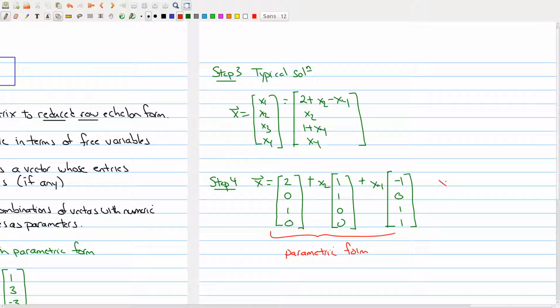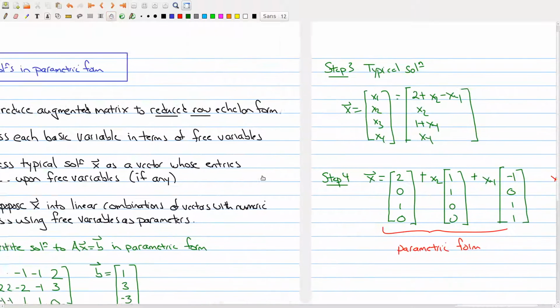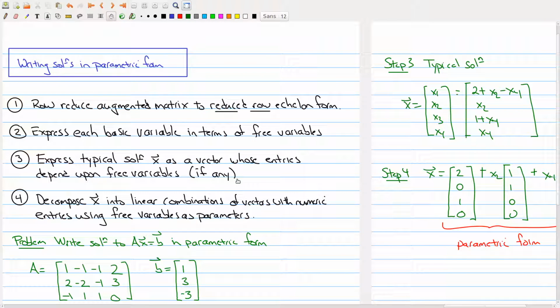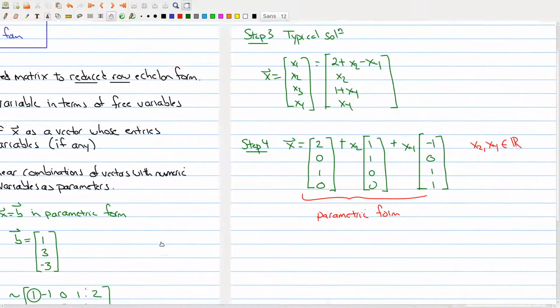You should probably add that x2 and x4 are just arbitrary real numbers, so people looking at your solution know that you mean all the multiples there, and that these are the free variables. This gives you an example of the procedure of writing a solution set in terms of its parametric form. We've done this a couple times. We just want to reinforce this particular skill, and it's something you should practice.